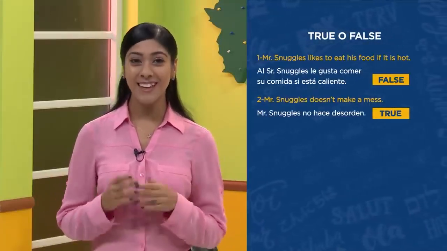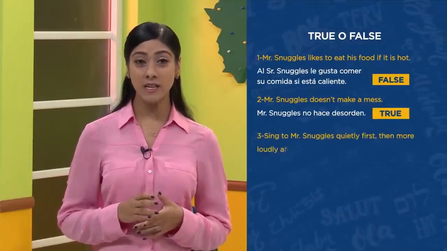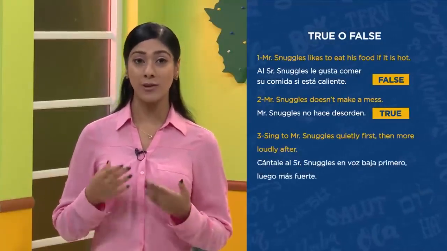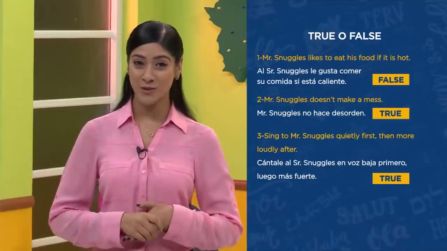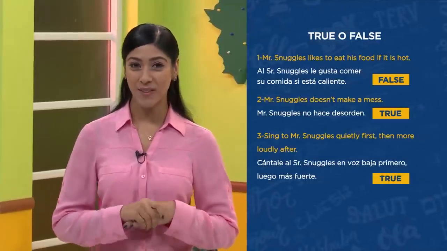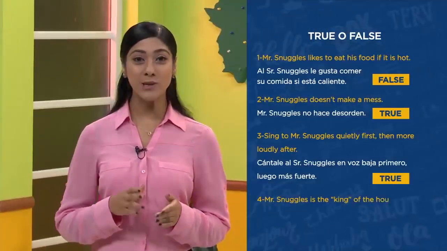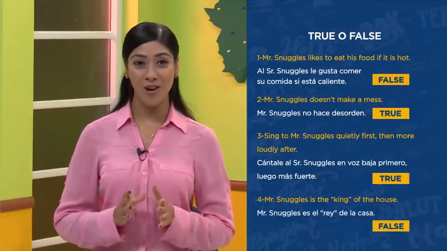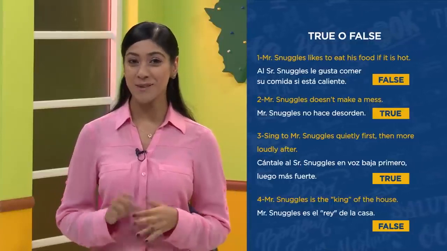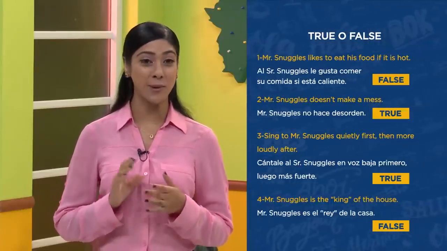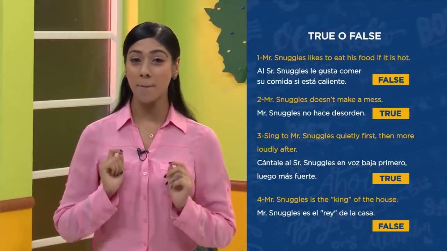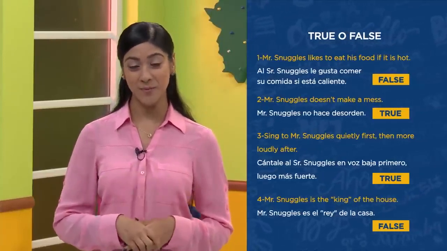Verdadero. 3. Sing to Mr. Snuggles quietly first, then more loudly after. True, verdadero. 4. Mr. Snuggles is the king of the house. False. Falso. Mr. Snuggles is the prince of the house. El señor Snuggles es el príncipe de la casa.